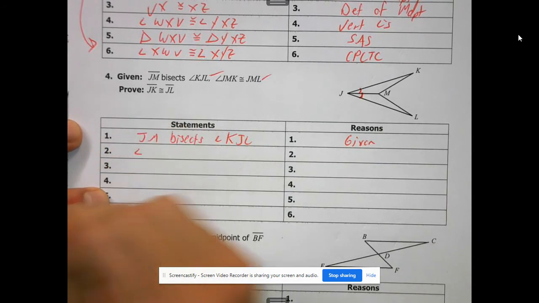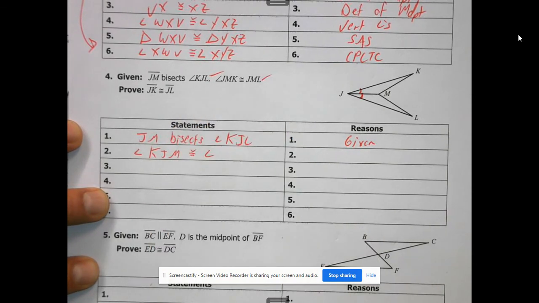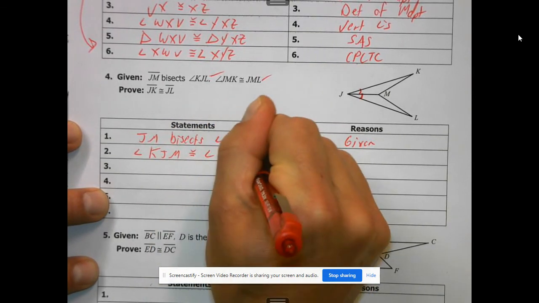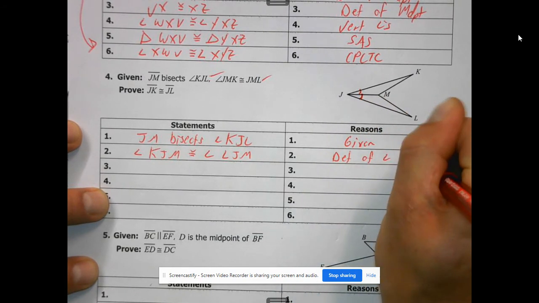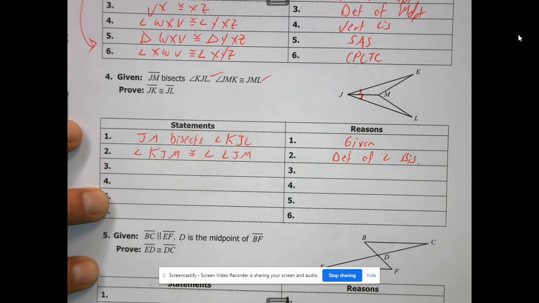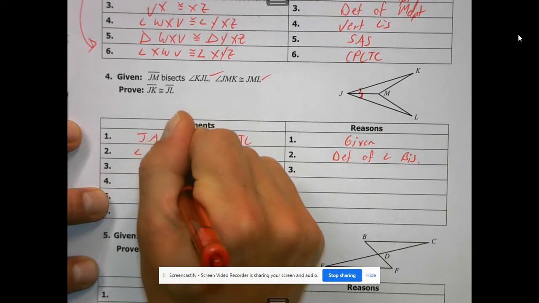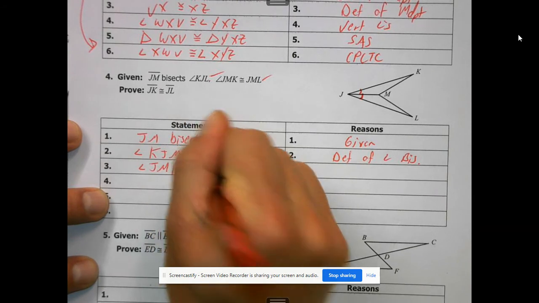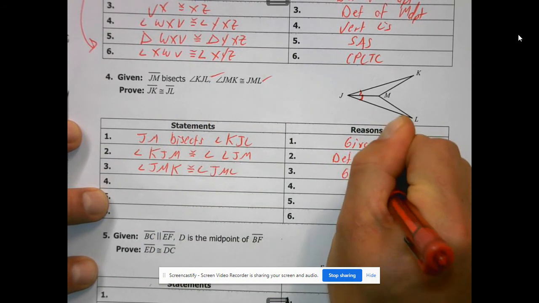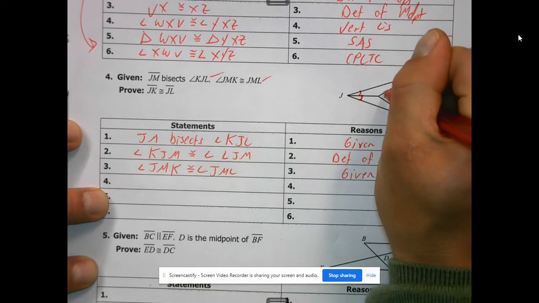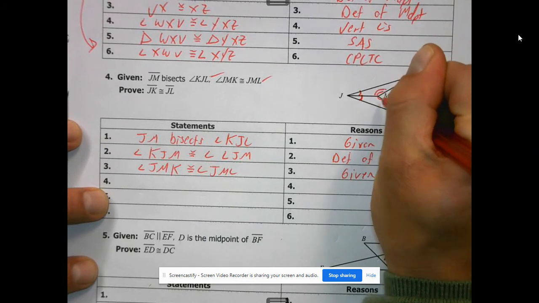Let's go angle KJM is congruent to LJM. Definition of angle bisector. Go on to the next given. We're given that angle JMK is congruent to JML. That was given, and then mark it up on the diagram. JMK and JML.